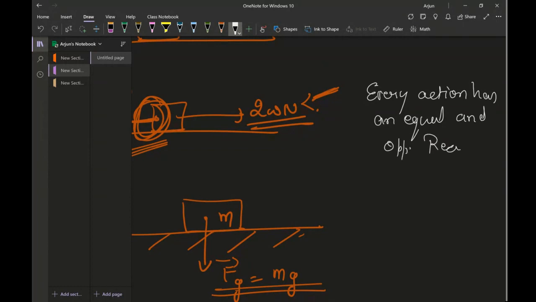So the easiest example I take is, if I slap anyone, he's gonna slap me back, maybe twice. Anyhow, jokes apart. So if this is a wall and you punch into this wall, then you will also get hurt, isn't it?